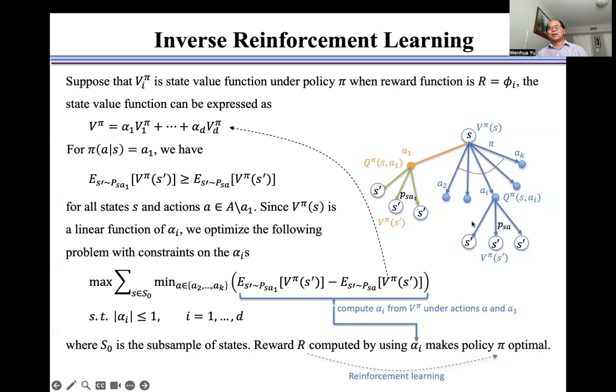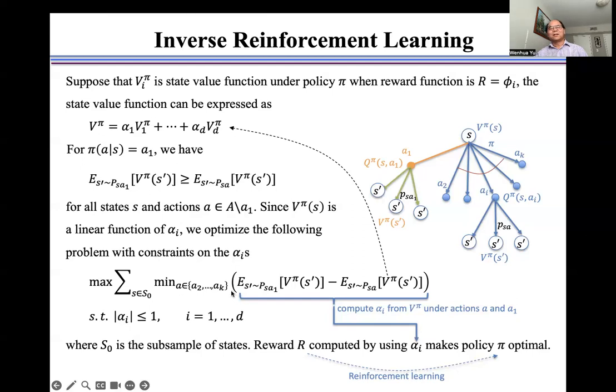From this point, we calculate the expectation of the state value function over all the next states. Then we use this relation in the optimization with the constraint above. We get this optimization problem with the constraint on the coefficients alpha.